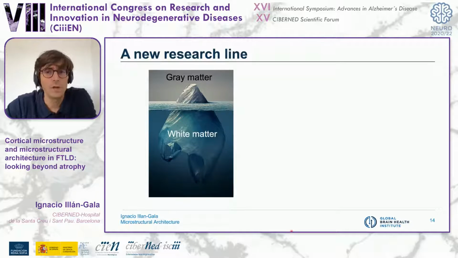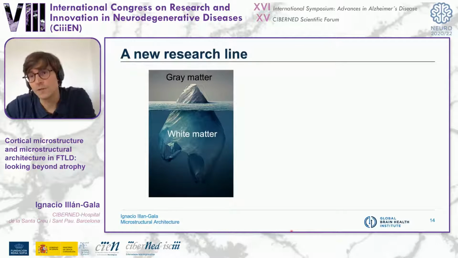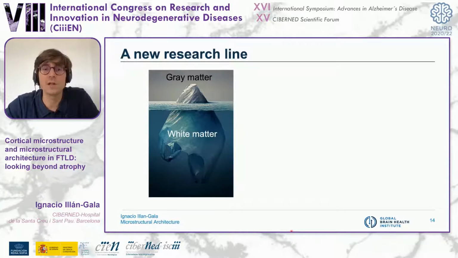But we know that some neurodegenerative dementias affect not only the cortex, but also subcortical white matter. However, we don't have imaging biomarkers relating what we have above the surface to what we have below the surface. The relationship between these two components can be understood as a qualitative measure of neurodegeneration that may provide important information regarding the architecture of neurodegeneration.